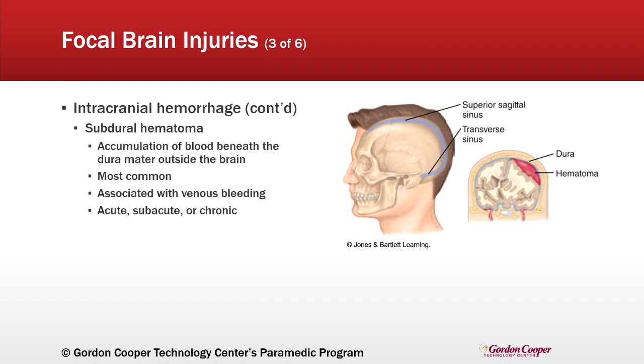Focal neurologic signs or slurred speech are common. Subdural hematomas are classified as acute, subacute, or chronic. Subacute cases have a much lower mortality rate. Patients with a history of brain atrophy are at a high risk for chronic subdural hematomas.